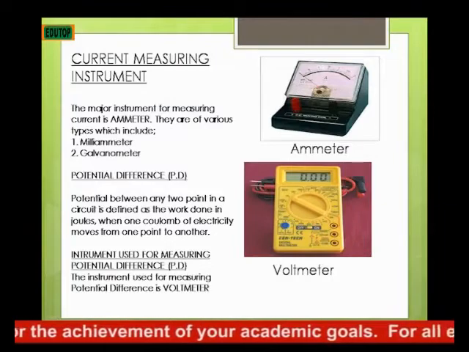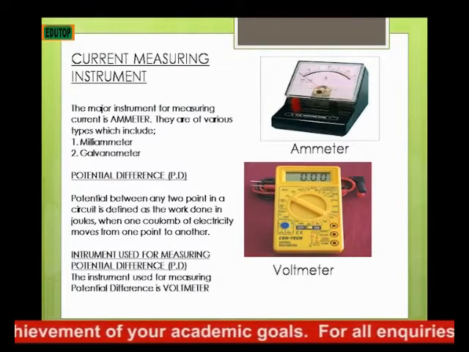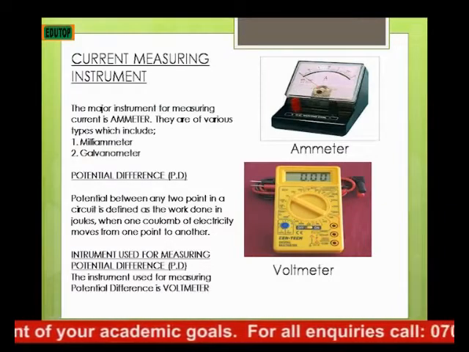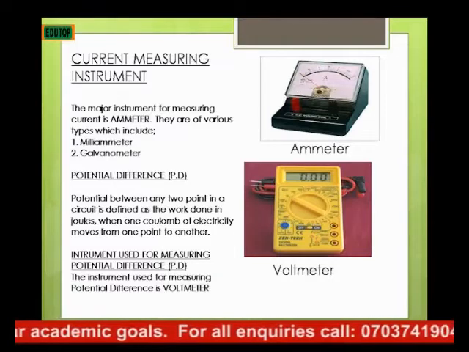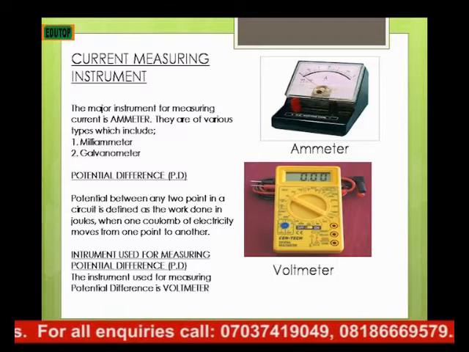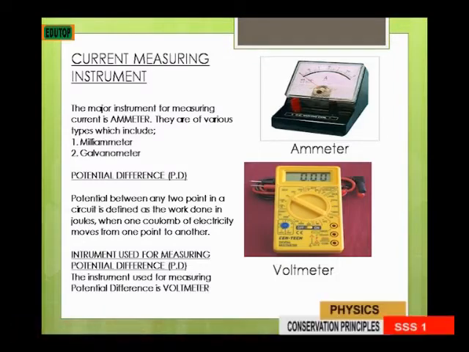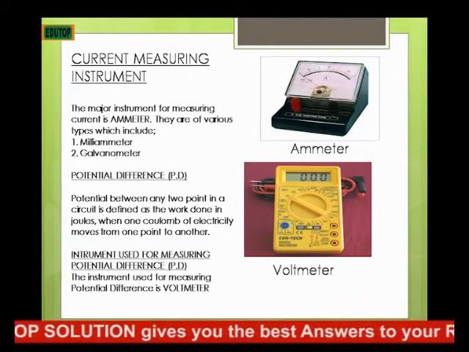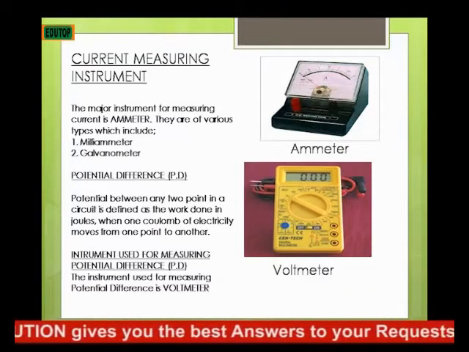It can also be used to measure your electrical current. So without wasting more of our time, we will still look deep into these three. And very good. You can see from our diagram there the actual graphical representation of your ammeter and your milliammeter.